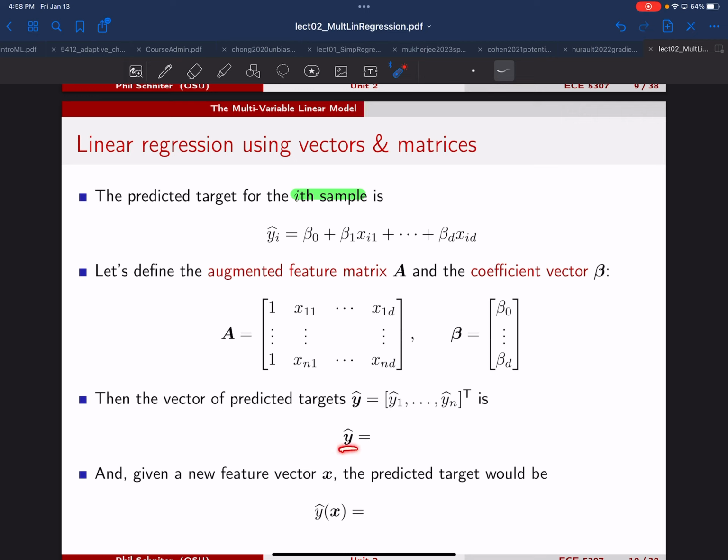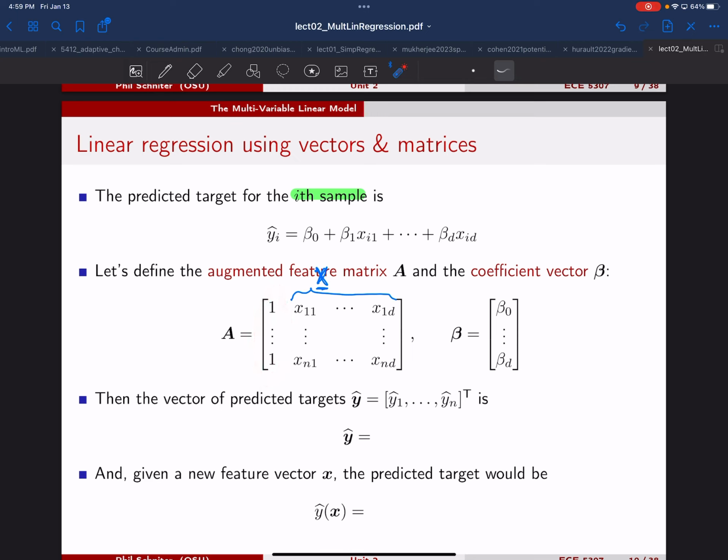Now this is going to be the vector of y hats using our vector of betas. And I'm constructing a new matrix A that contains all of the features. So this is our X matrix that we saw on the previous page, but I've appended a column of ones.